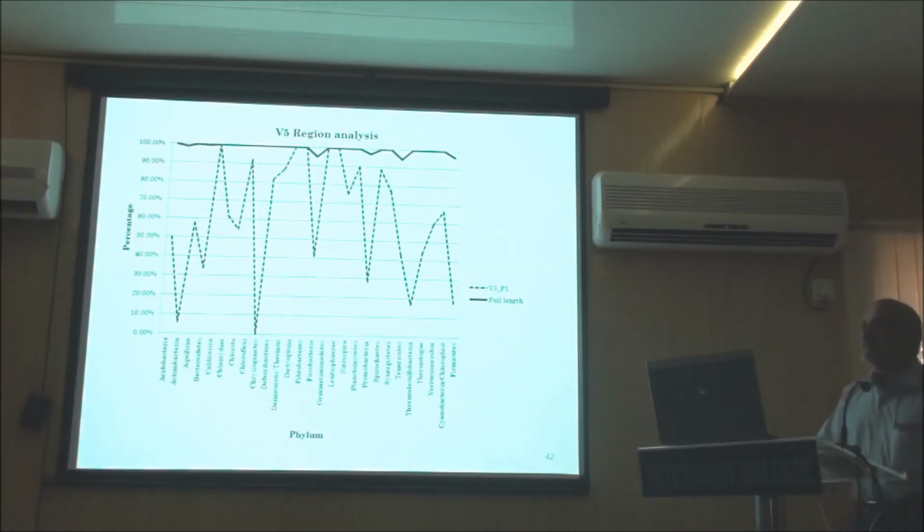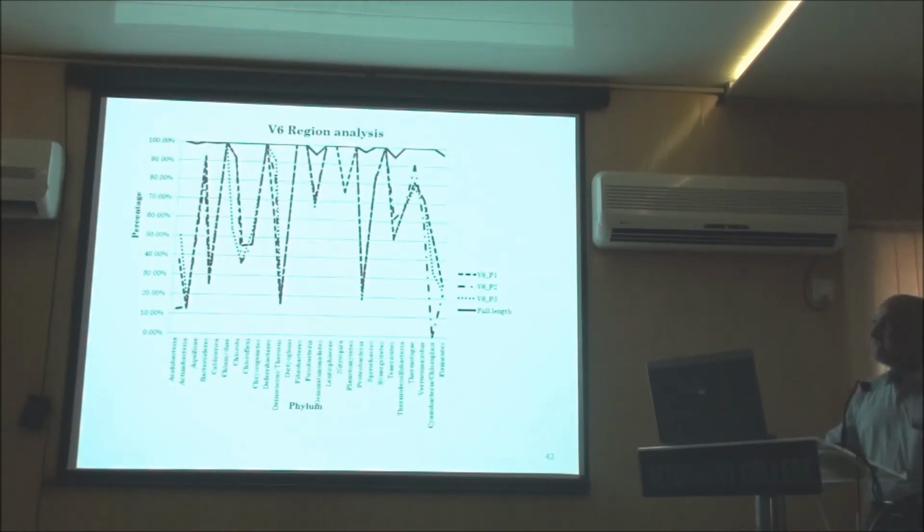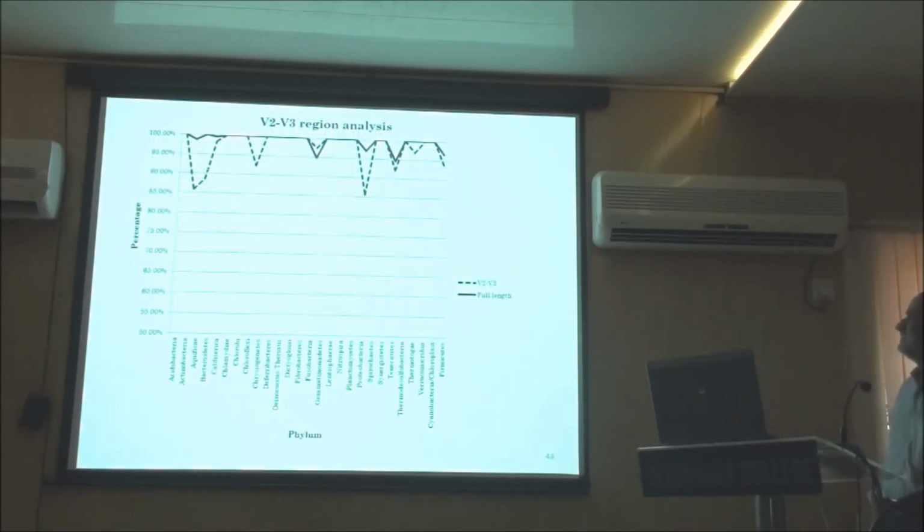As we go to V5 region, you will see V5 region is not at all good for many taxa. It performs reasonably well only for a few groups, otherwise for most of them it does not do very well. V6 region again, you see that it is performing quite badly in most of the taxa. V7 region, V2, V3 combined: we have been seeing all the time that V2, V3 combined performs very well for most of the taxa. For some of the taxa, the assignment accuracy is less, but it is still well above 85%.